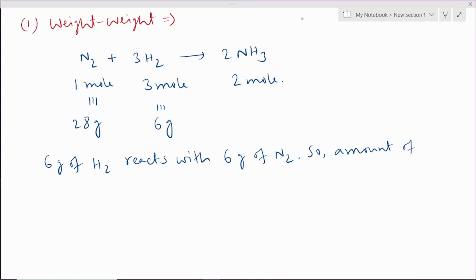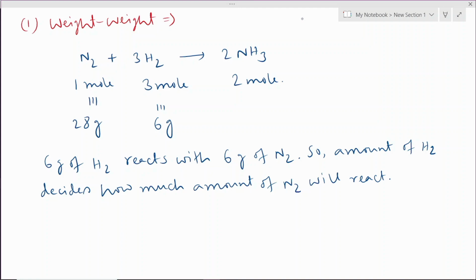Here we see that the amount of hydrogen decides how much amount of nitrogen will react. So here the limiting reagent is hydrogen.